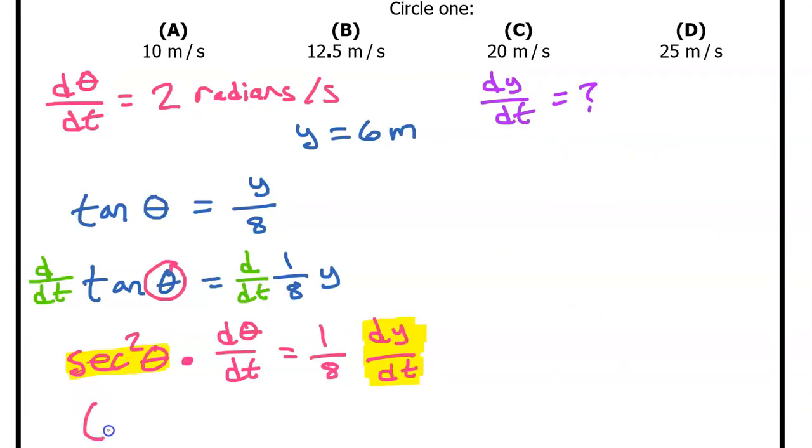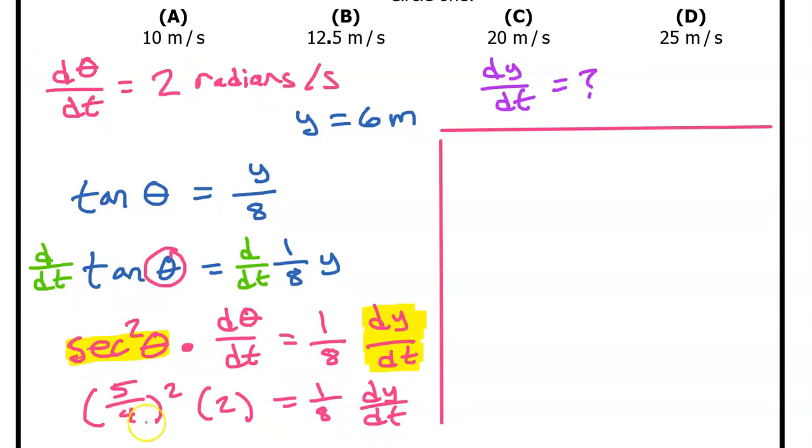So secant squared will be 5 over 4 squared. d theta/dt is 2, and that equals 1/8 dy/dt. 5 over 4 squared is 25 over 16, and that is being multiplied times 2, which equals 1/8 dy/dt. Let's see, 2 goes into 16 8 times.